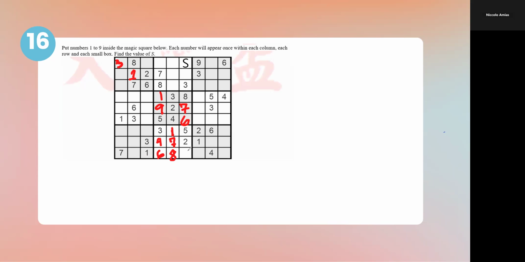Oh, that's why I didn't put the 6 there. I put the 8 there because that's the only square that doesn't get blocked. So we put the last 9. Since we already completed 1, 2, 3, 4, the fourth column from the right, which has the S, this is 4 because we can put 4 here.